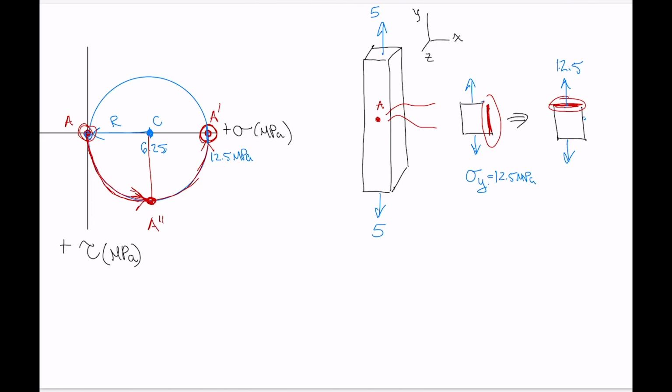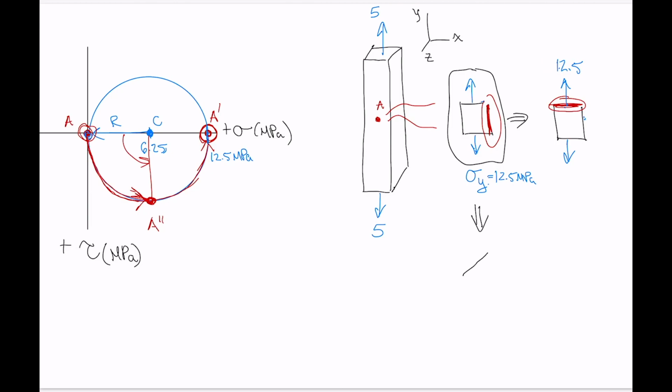In reality, that is a rotation of our element by 45 degrees in the same counterclockwise direction. So that's equivalent to what we'd have if we had analyzed the stresses at point A with a section cut oriented 45 degrees.